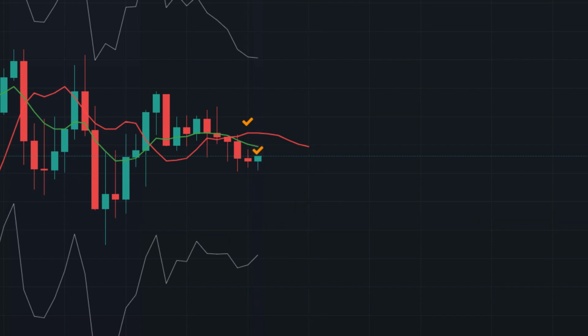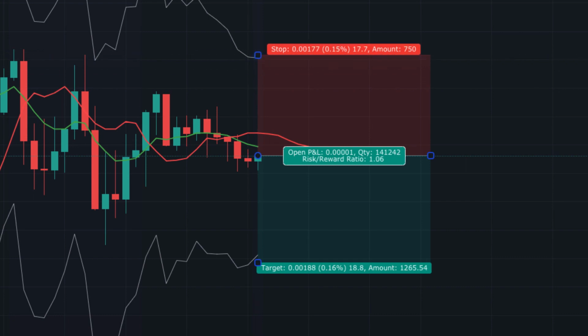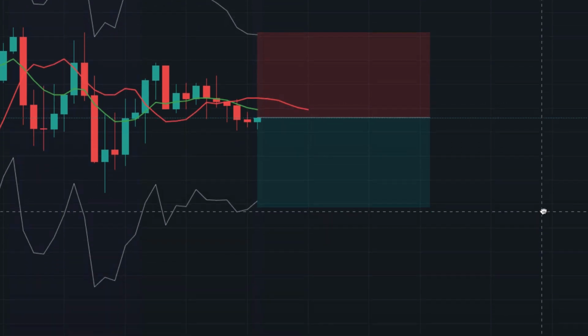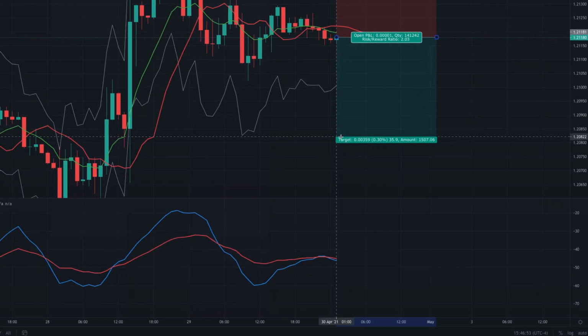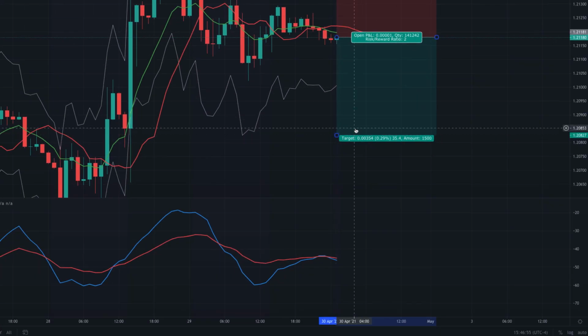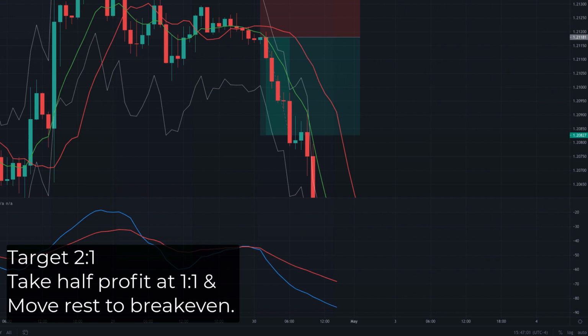And that will be our trigger candle for entry. We are going to enter short at the close of that candle, stop at the ATR band, and we are going to target 2 to 1. And let's see how this plays out. And that one is a winner.